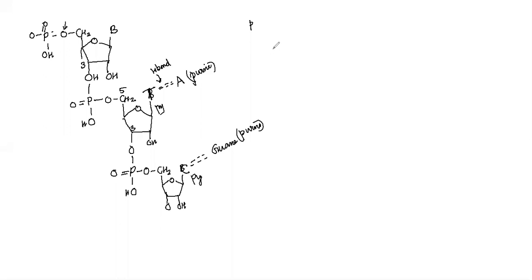Here is a cytosine molecule. We'll draw the cytosine here. Nitrogen, nitrogen, a double bond over here, N, NH2 here, H and H. Then here there is a methyl group.